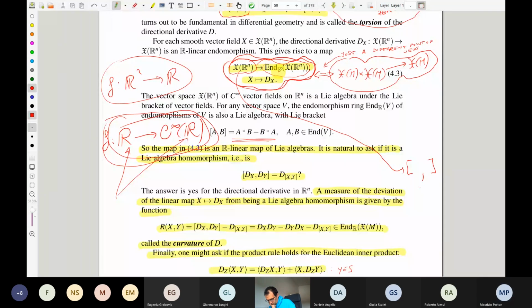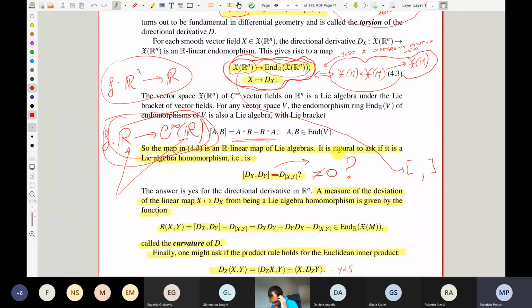And when you have such a property and you want to measure how much a map is preserving the structure or not, it's very natural to take the difference. So you can take the difference of these two quantities. And if this quantity is 0, then you say the structure is preserved.